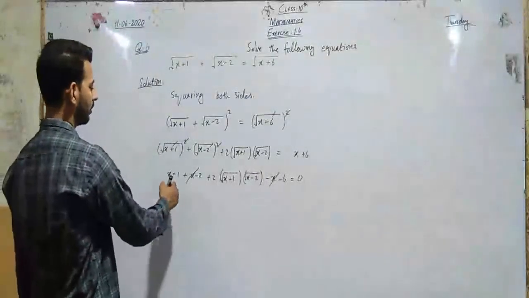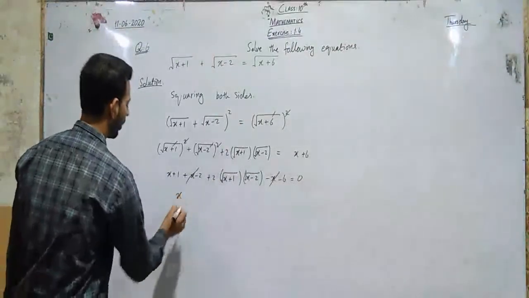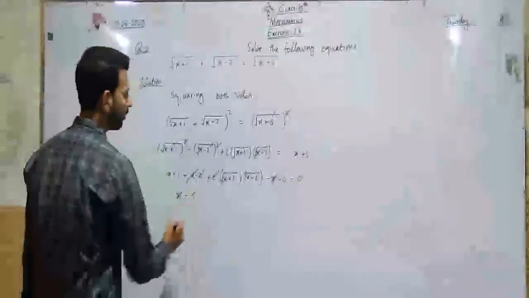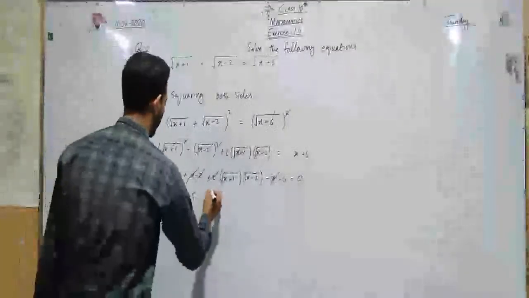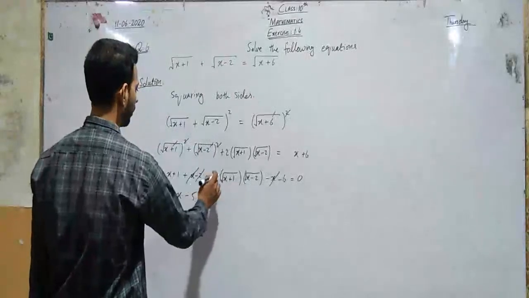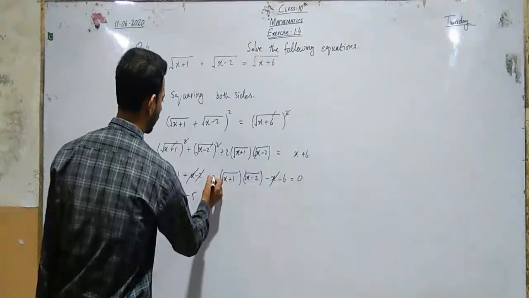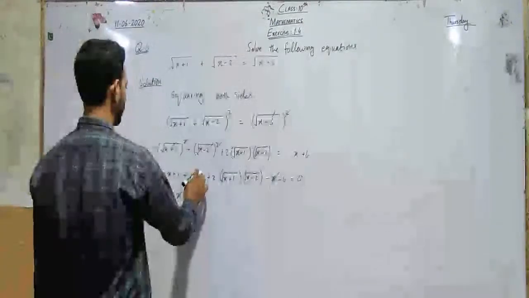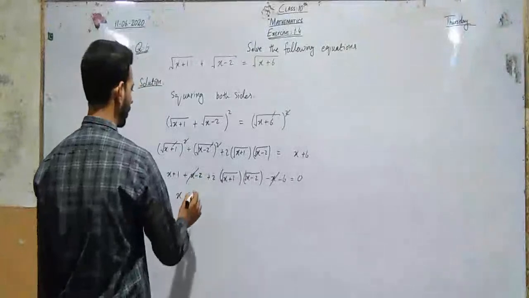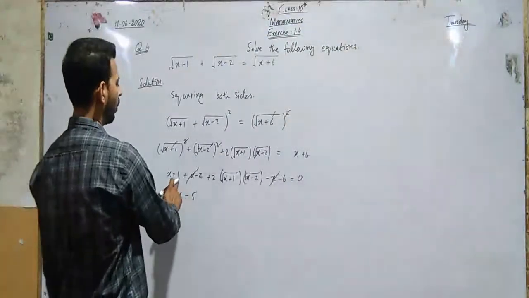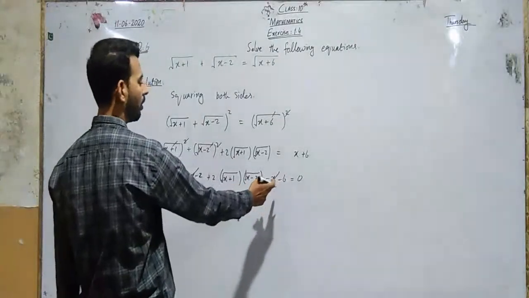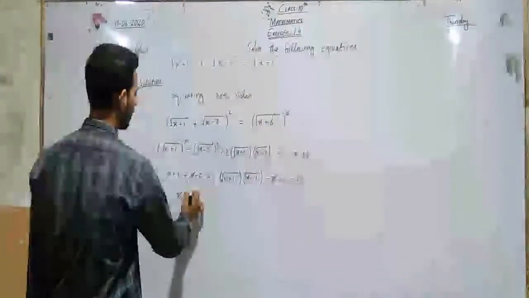Now only one x is remaining, plus 1... sorry, this 2 cannot be cancelled because it is being multiplied with this, so that is a mistake. So 1 minus 2, that is minus 1, minus 1 minus 6, that is minus 7.